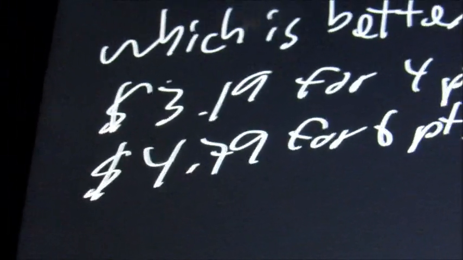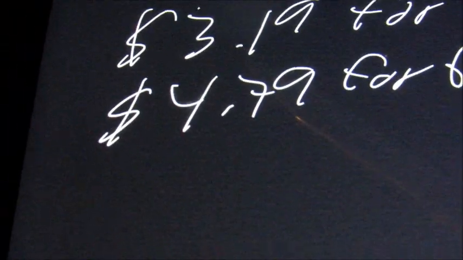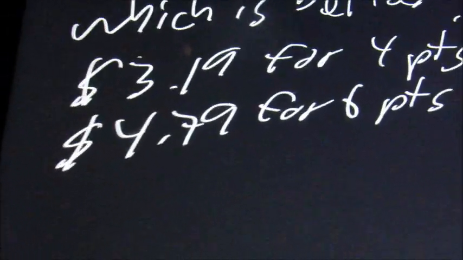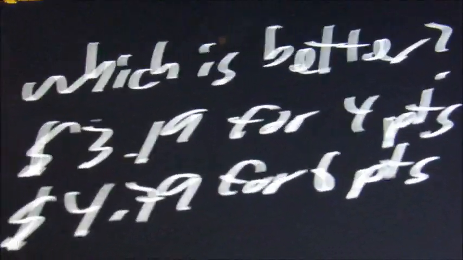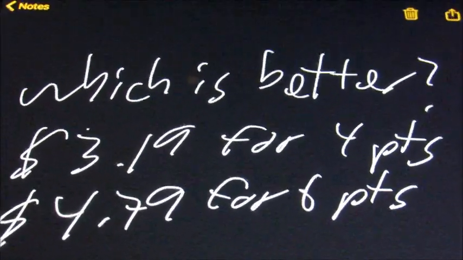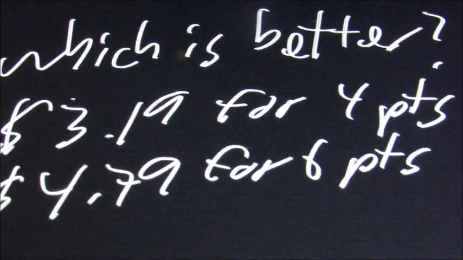And so we're going to do that same ratio. 4 into 319 and 6 into 479, and whichever one is smaller is the better deal. This one actually goes beyond the cent, for this particular question.